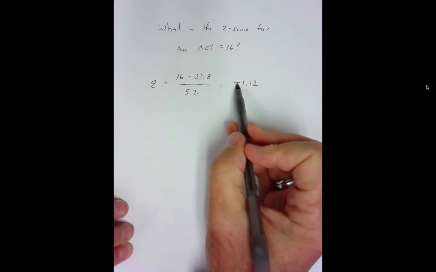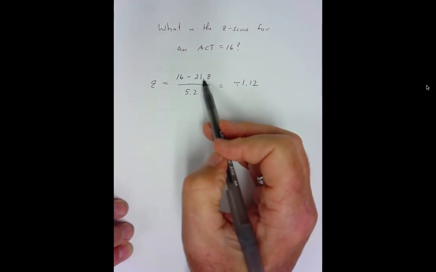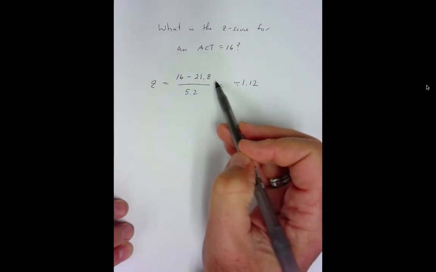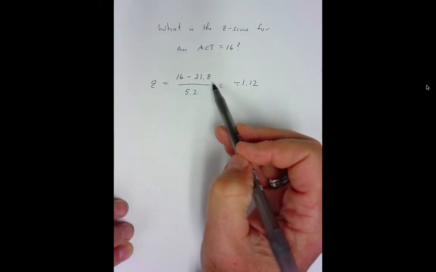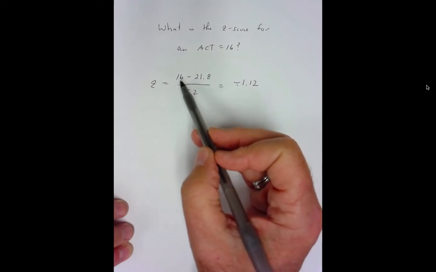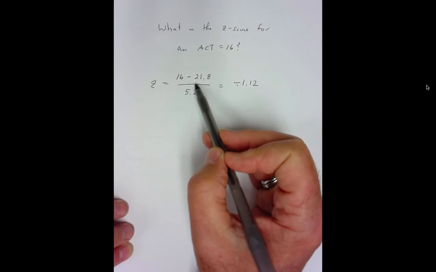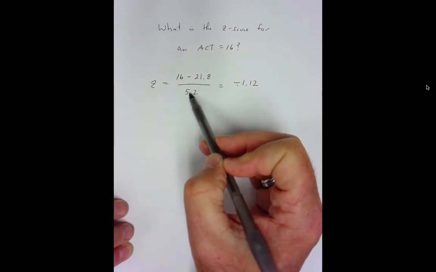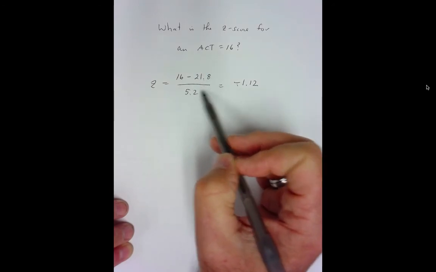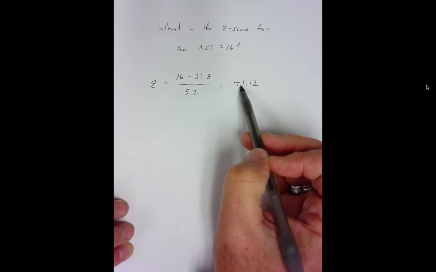Now, why is it negative? Well, it's negative because the score is below the mean. So we can kind of make a generalization from this, can't we? If the score is bigger than the mean, then this is going to be a positive divided by a positive standard deviation, giving me a positive z-score.